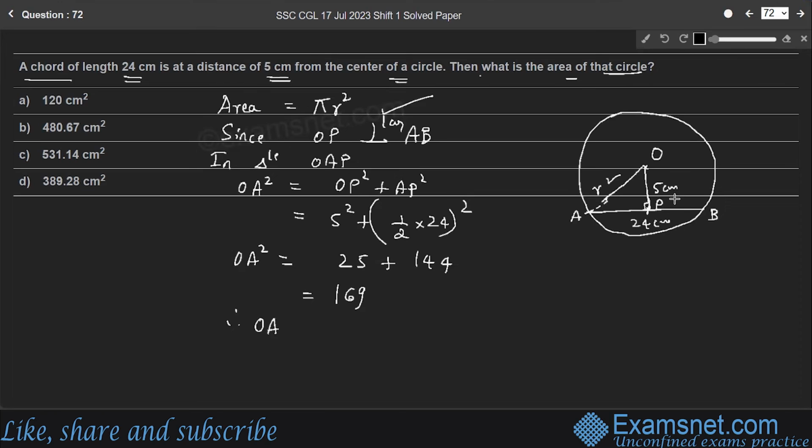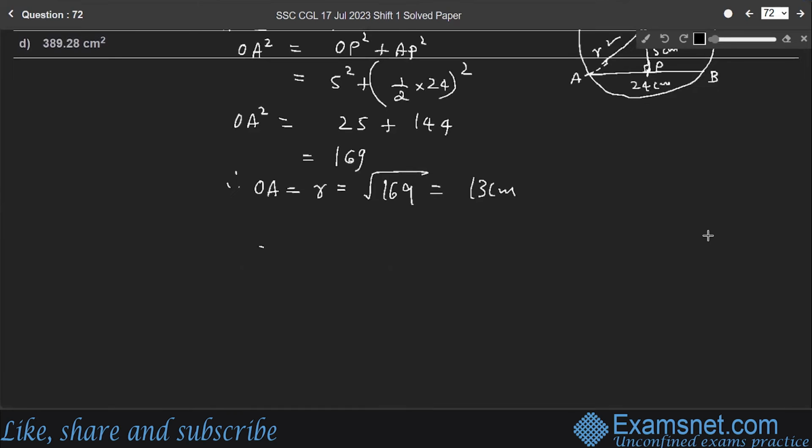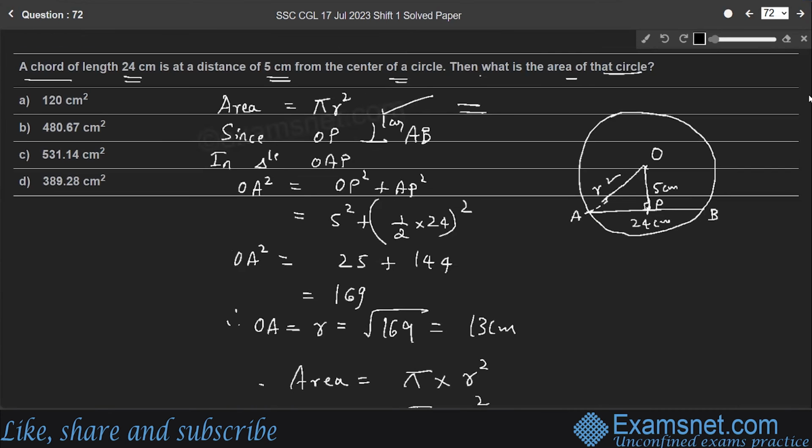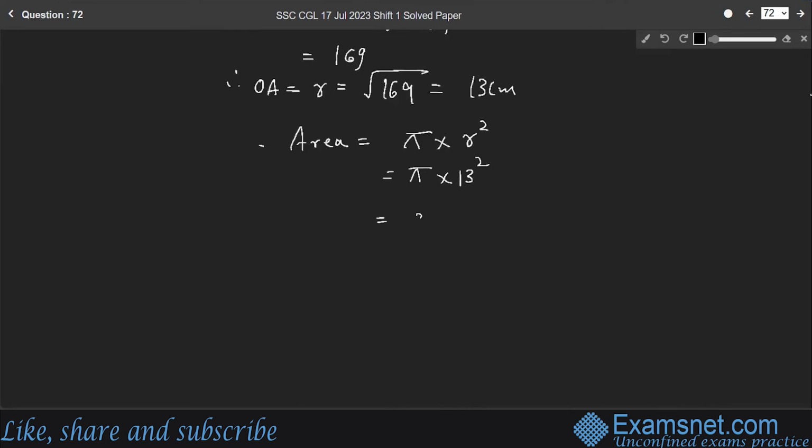Therefore OA, which is nothing but the radius of the circle, is root of 169, which is 13 centimeter. Therefore, area of the circle is equal to pi into r square. So r is 13. 13 square is 169. So taking pi as 22 by 7, 22 by 7 into 13 into 13.